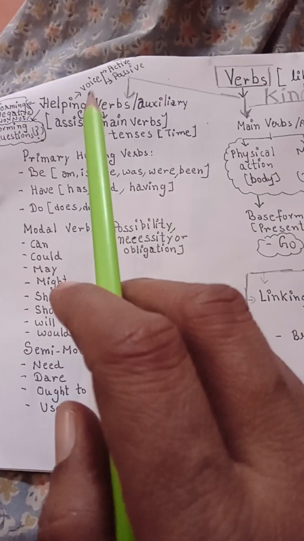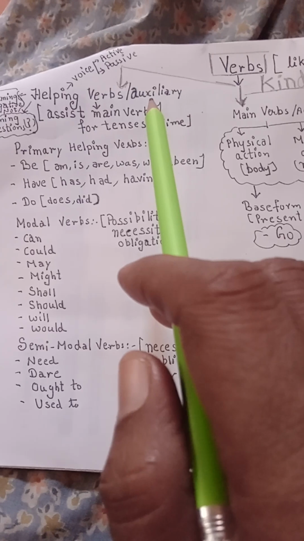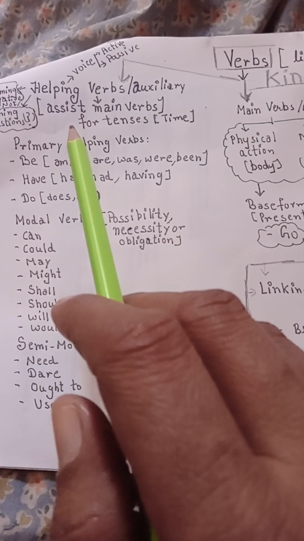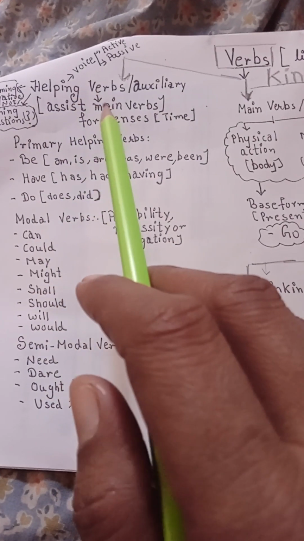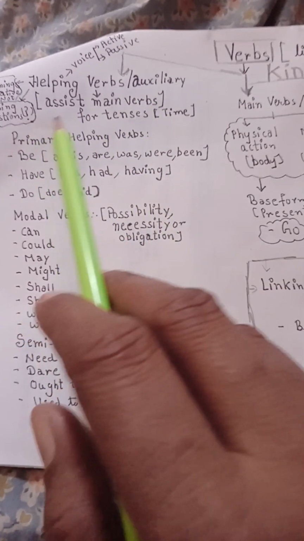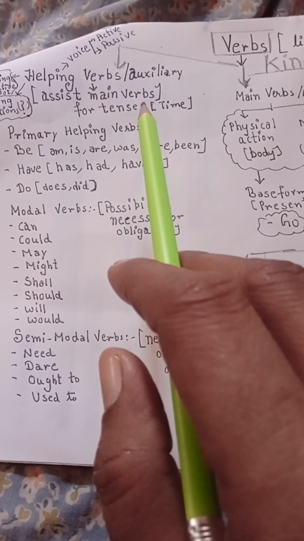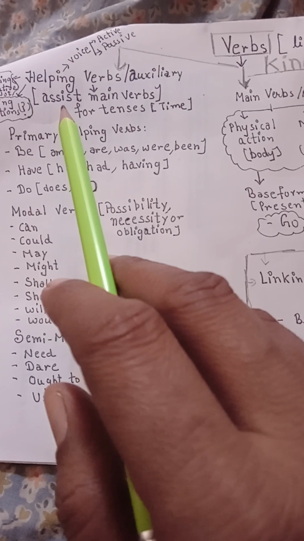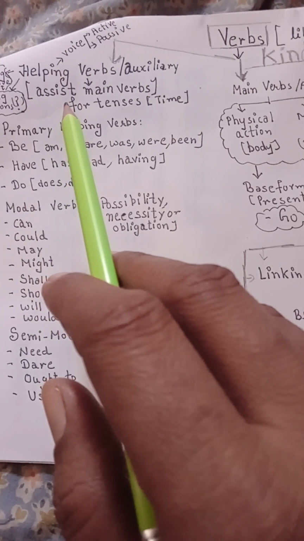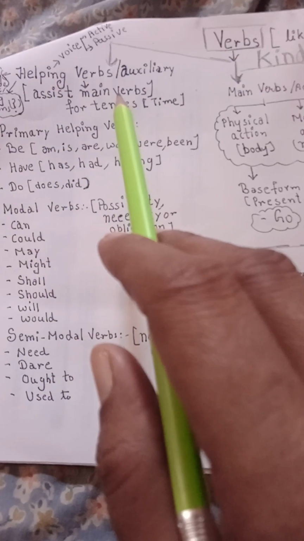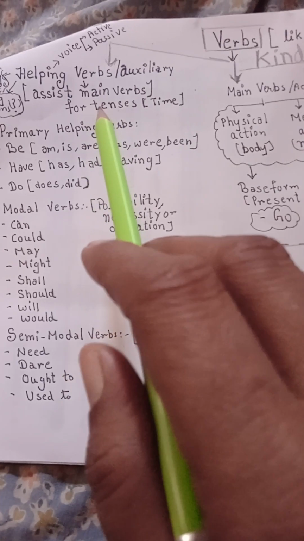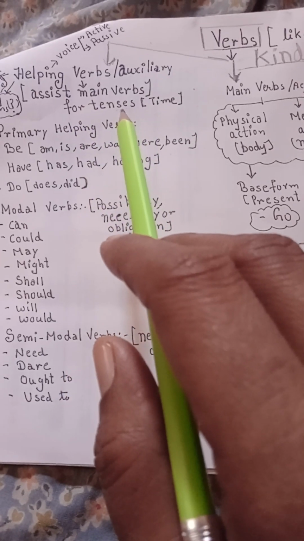Okay. So helping verbs, that is also auxiliary verbs. The main function of helping verbs is to assist main verbs. Assist means to help, to cooperate, and these helping verbs are also useful for tenses.